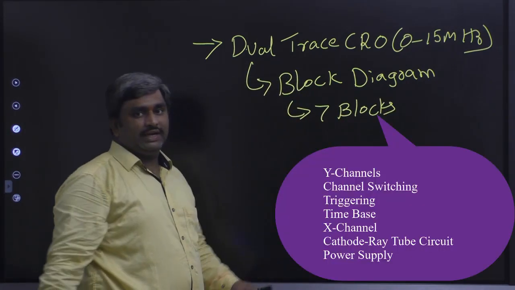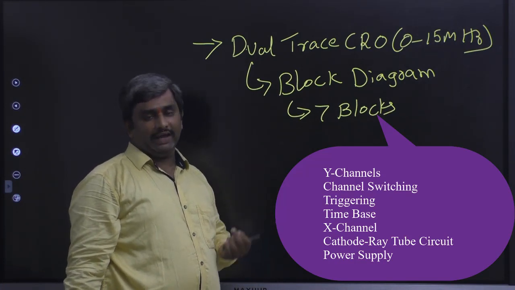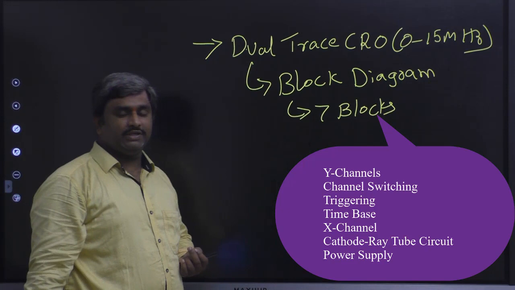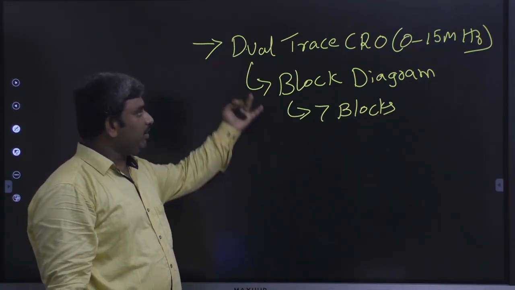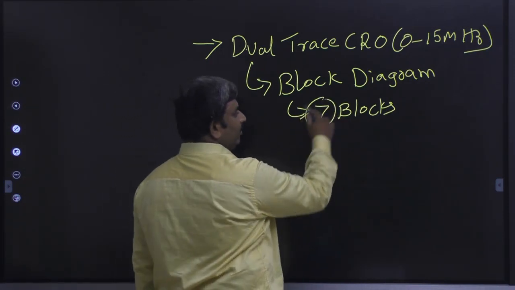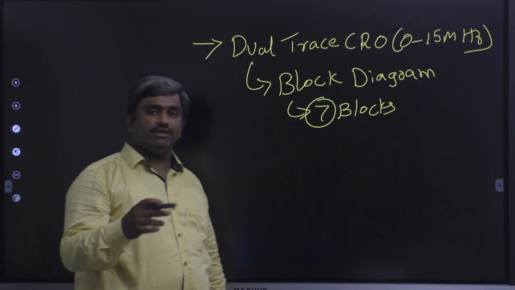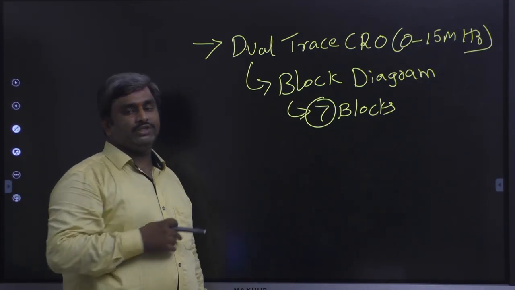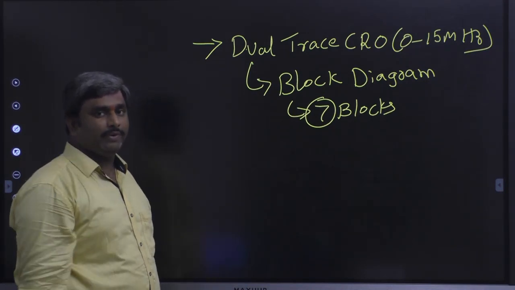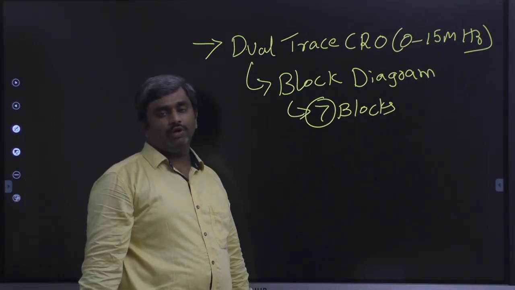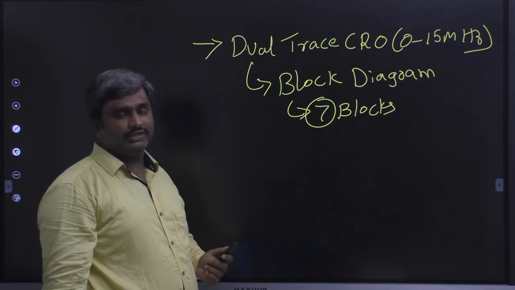What are the 7 blocks? X channel, Y channel, trigger circuit, CRT, power supply circuit, time base generator, and the electronic switching part. So these are the total 7 blocks in the dual trace CRO. The dual trace CRO has two modes of operation: one is alternate mode, and the second is chopped mode. Okay, this is about the dual trace CRO.